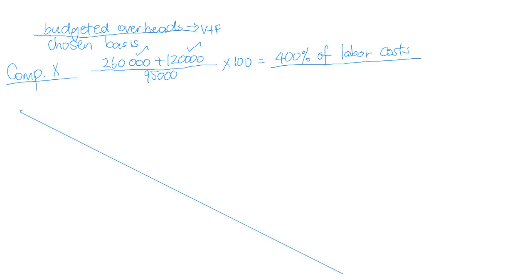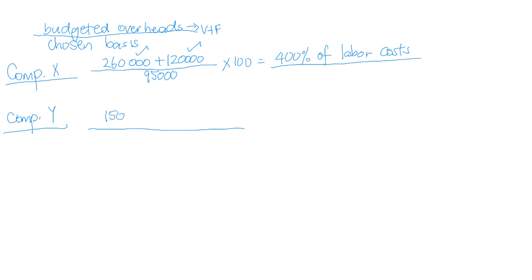Then you have for company Y, so same idea, it's going to be the variable and the fixed overheads. So for company Y, what are your variable and fixed overheads? Yes, 150,000 and 160,000 from the table at the top. And then the basis upon which you are calculating your overhead is what for company Y? Yes, labor hours below the table.